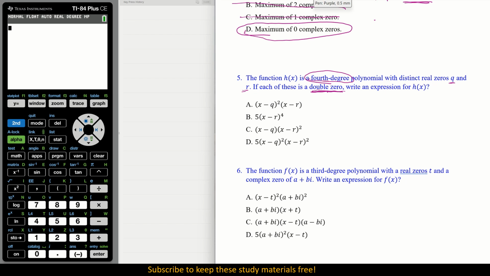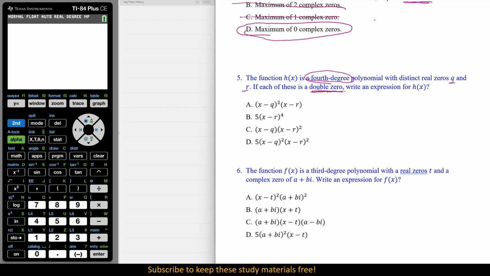That's the key, double zero. Okay? That means you have to have each situation in parentheses must be squared. And that means you have 2 plus another 2 equals 4.